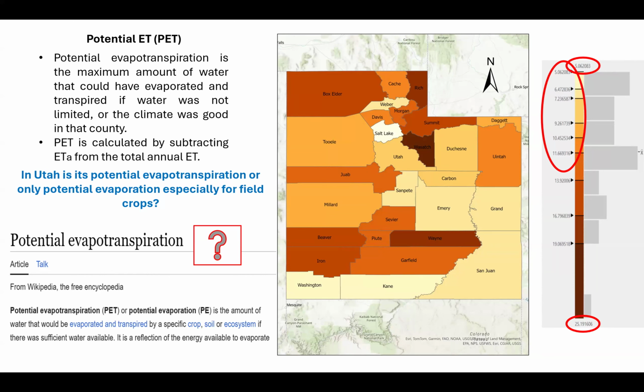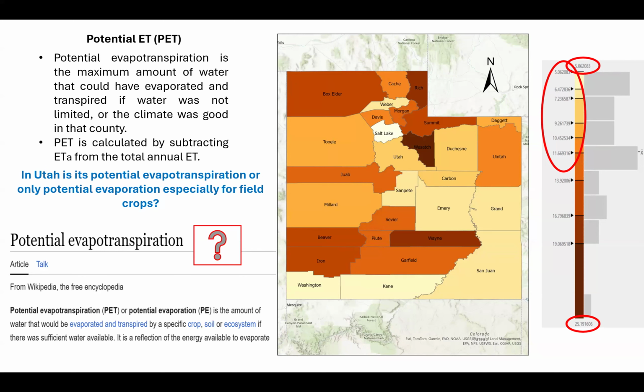But what exactly for Utah? In Utah, is it potential evapotranspiration or only potential evaporation? Here it matters. In Utah, it's only potential evaporation, not potential evapotranspiration. If we move to the south or Midwest, then it's going to be potential evapotranspiration, because in Utah, during freezing days, our plants are not transpiring anything.